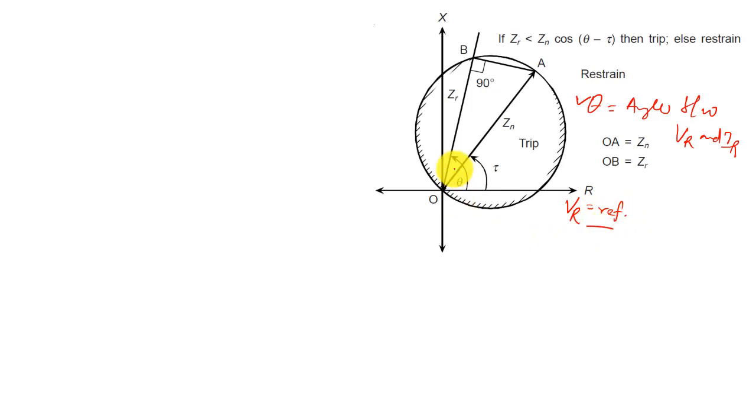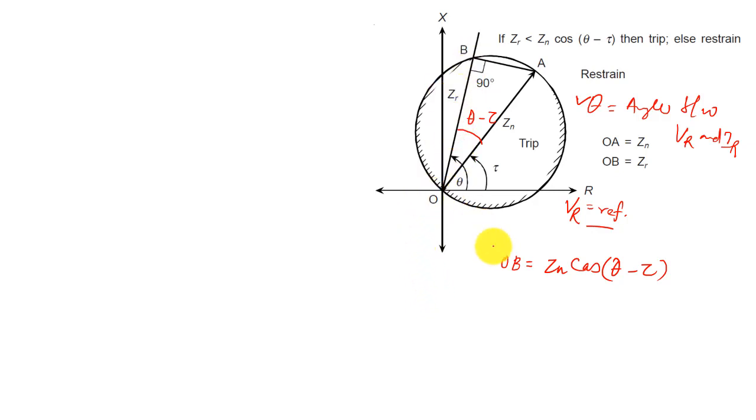Therefore the angle between Zn and Zr will be theta minus tau. Now if I plot Zn cos of theta minus tau, then obviously OB will be Zn cos of theta minus tau.